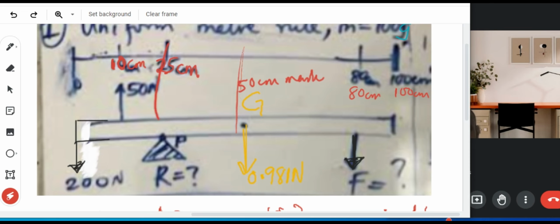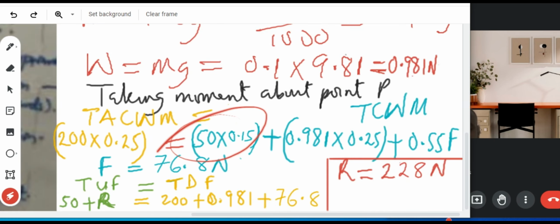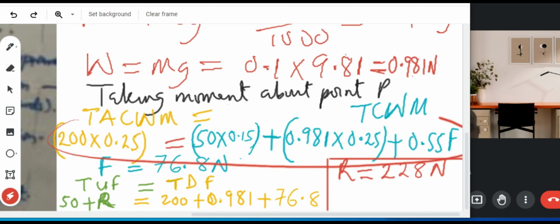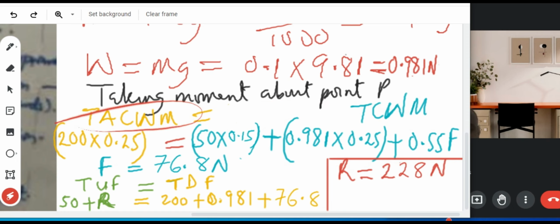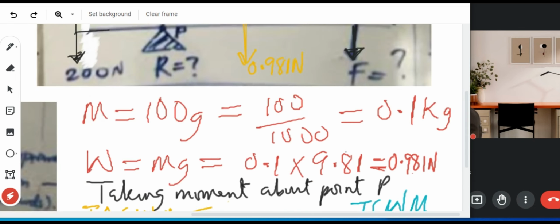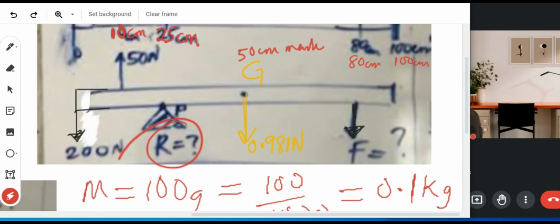And the force that we're looking for is force times its distance, which is 0.55 meters, or 55 centimeters. All of this in blue are clockwise moments. This is the only anti-clockwise. Now when we solve this equation for total anti-clockwise moment equal to total clockwise moment, we can find that F is 76.8 Newton.